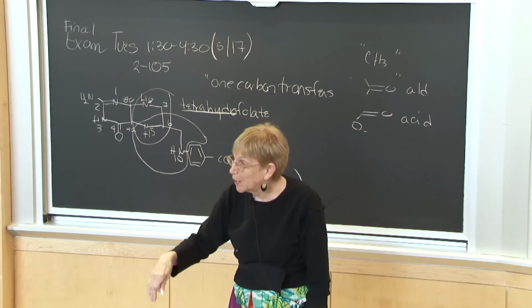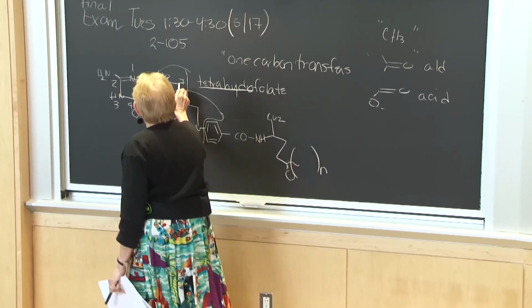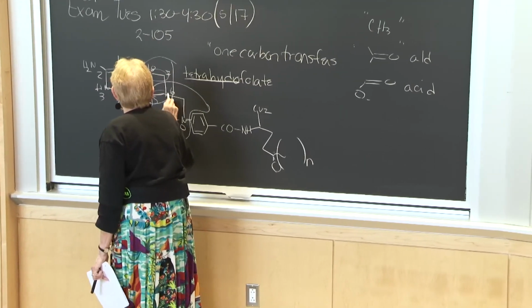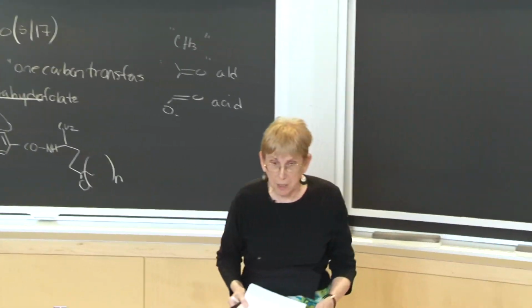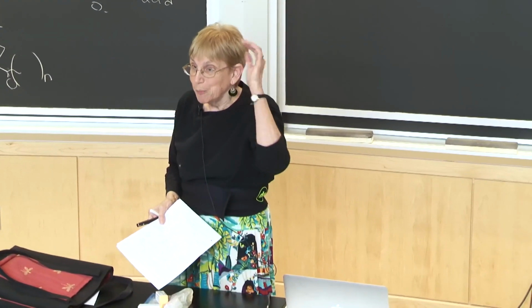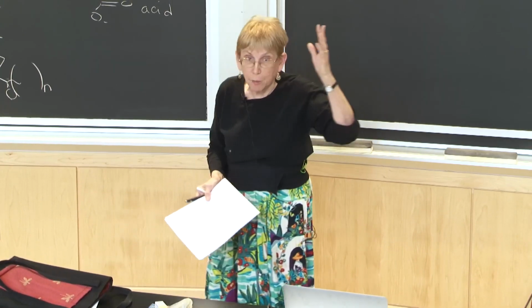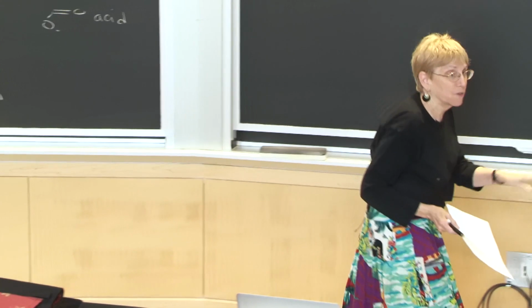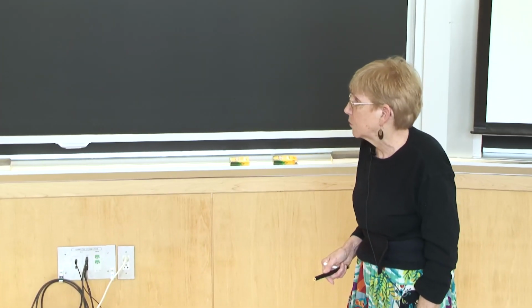So you can make dihydrofolate, folate, and tetrahydrofolate, and the oxidations occur here and here. We're not going to have time to look at pyrimidine metabolism, but the dihydrofolate plays an important role. It's a target of methotrexate. If you have rheumatoid arthritis, methotrexate is one of the drugs that people take nowadays.